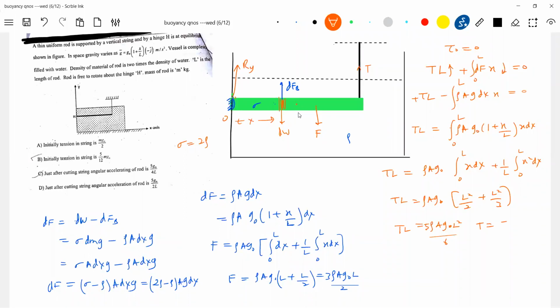Finally, tension is equal to how much? 5 by 6 rho A g naught L.